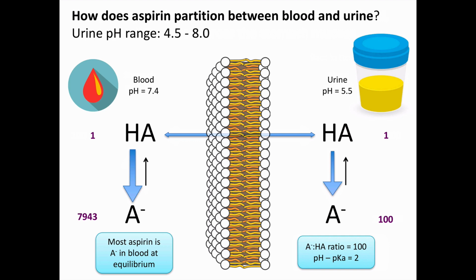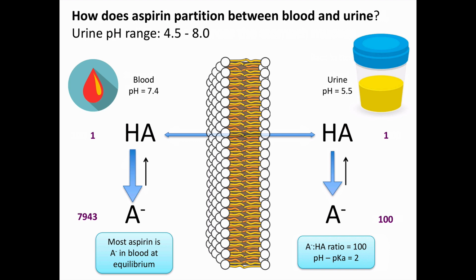math easier. On the left side of this figure, in the blood, again we see a 7,943 to 1 ratio, 10 to the 3.9th power, of A minus to HA. The small amount of HA can equilibrate between blood and urine since it's uncharged. And since the pH of the urine is exactly 2 units above the pKa of aspirin, we see a 100 to 1 ratio of A minus to HA on that side.